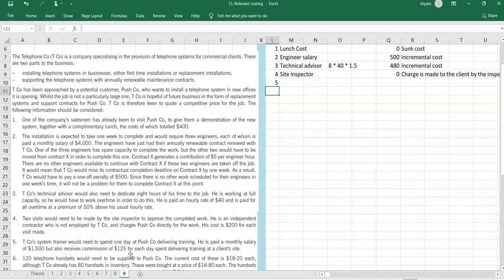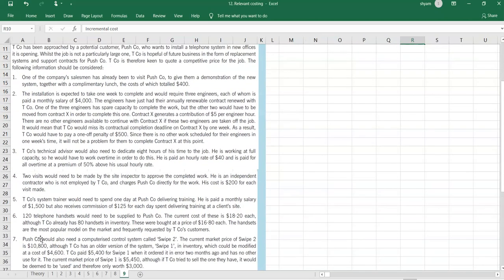So he's a trainer and we have to pay him the 1 day charge. So again it's an incremental cost. Okay, so 5 is over, we'll go to 6.